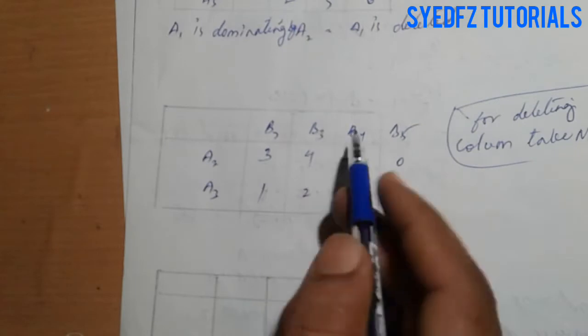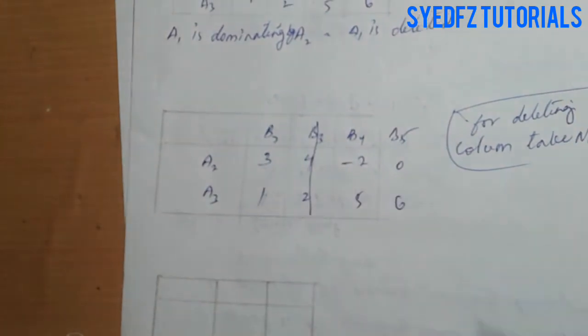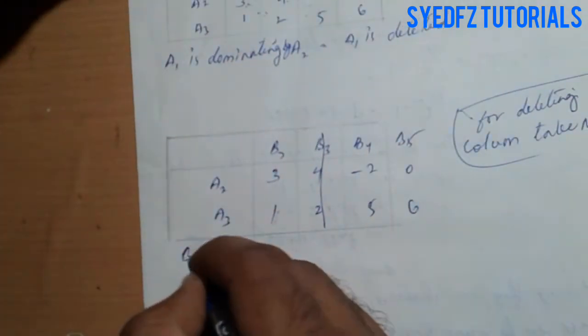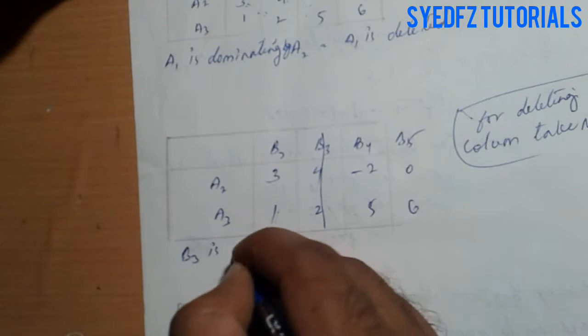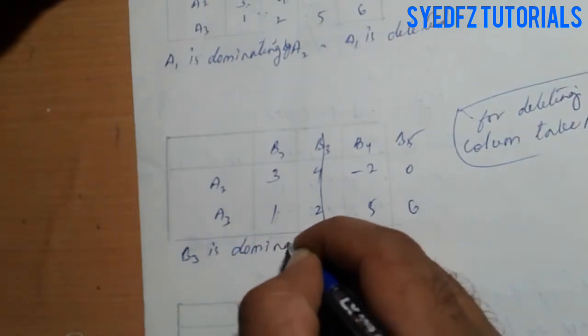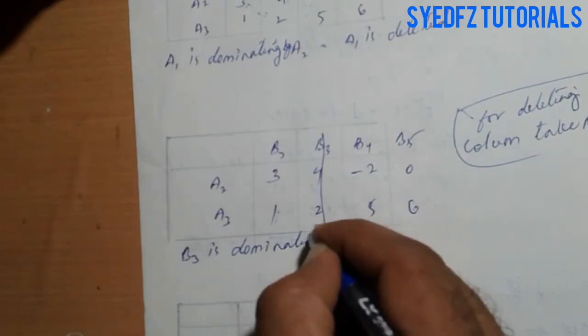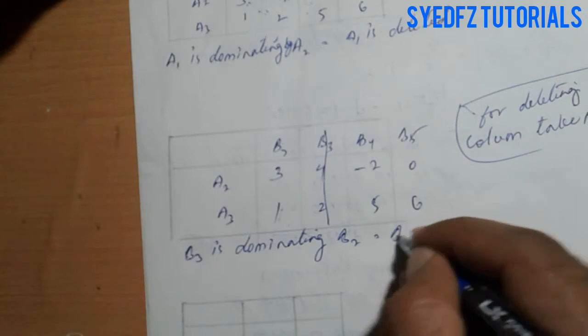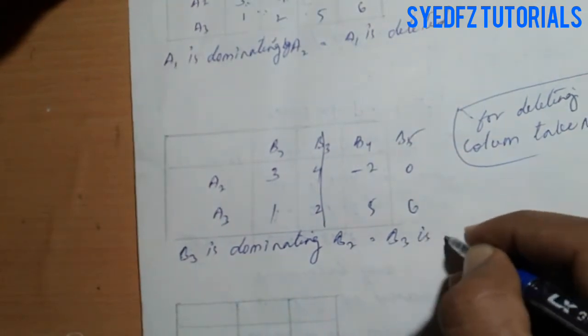So B3 is the max, so delete B3. B3 will be deleted. So B3 is dominated by B2. Therefore B3 is deleted.